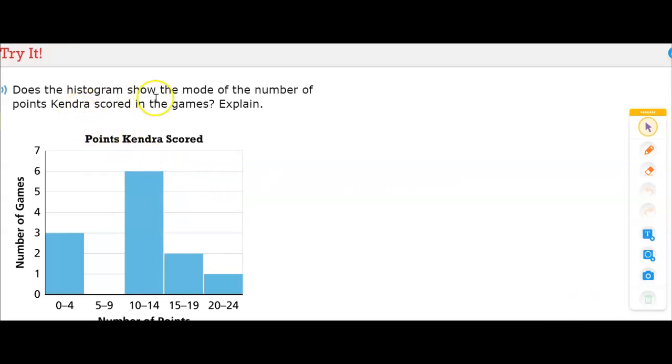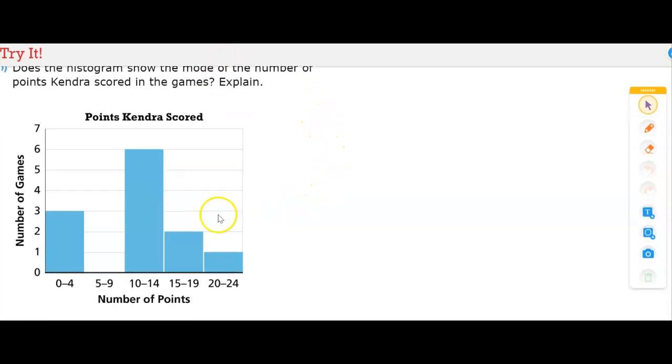Does the histogram show the mode of the number of points Kendra scored in the games? Let's see. That would have to be a no, because on the histogram there are intervals. Remember from the previous lesson that mode is the value that appears more than once.